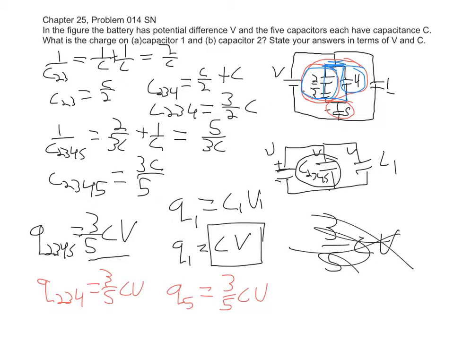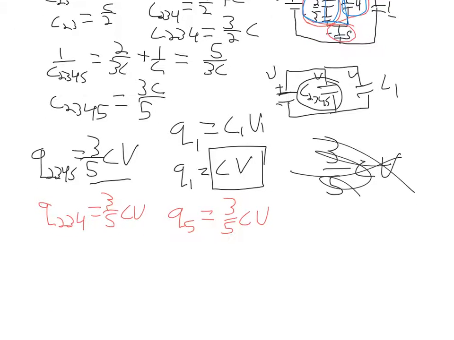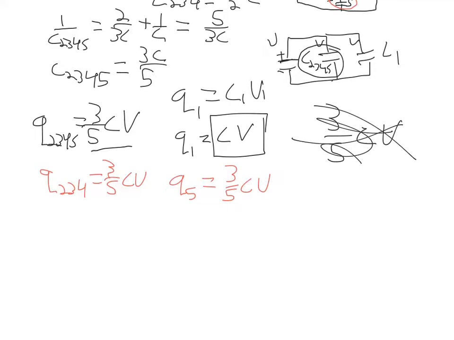Well, we don't know for sure, but we do know the overall voltage on that side, as we discovered earlier: V5 plus the V for 2, 3, and 4 equals 1 full V, right? Because that's the voltage that we saw here for the whole thing, and since they're in series, they add.